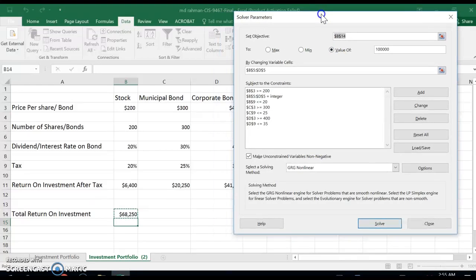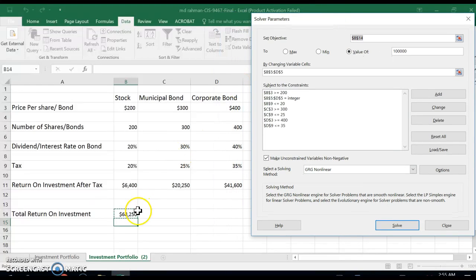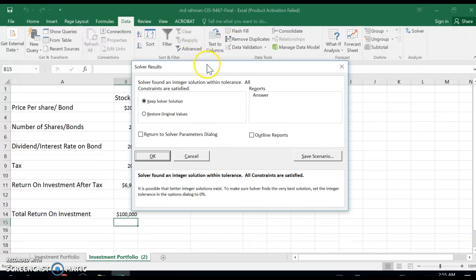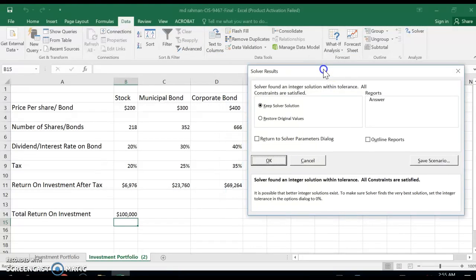So I have set all the constraints I need in order to get $100,000 when my tax rates are different. Let's solve it. Within a few seconds I got the $100,000 under the given scenario.